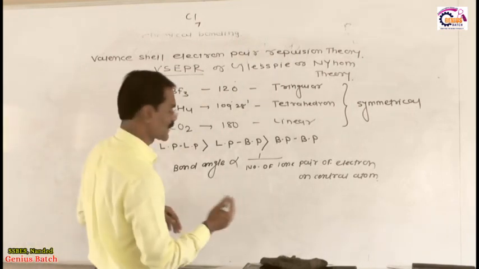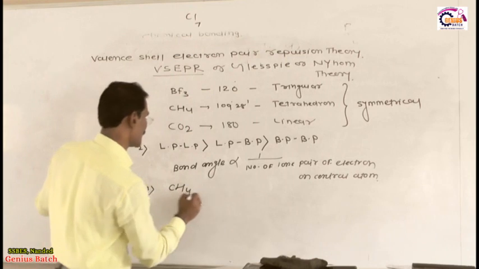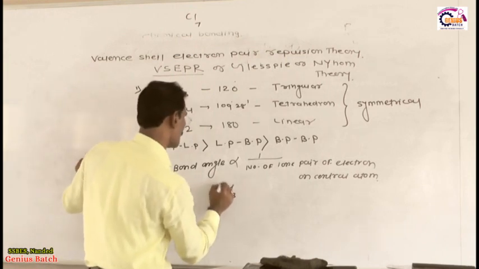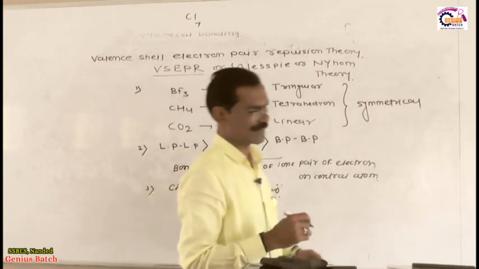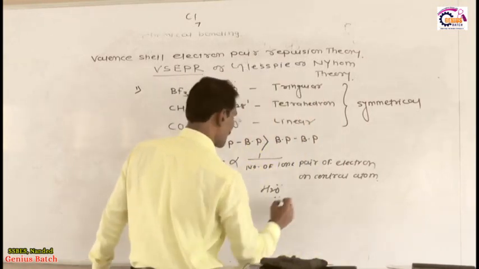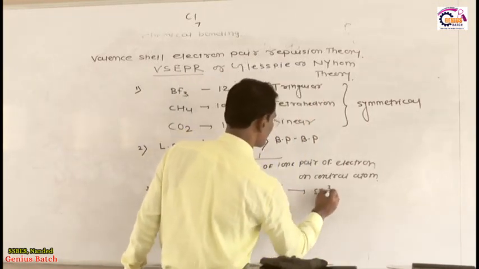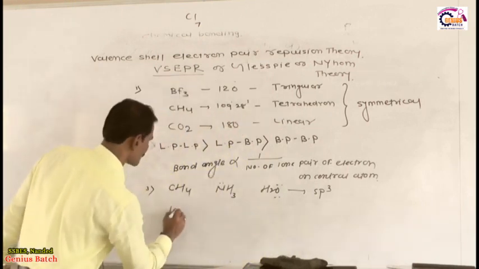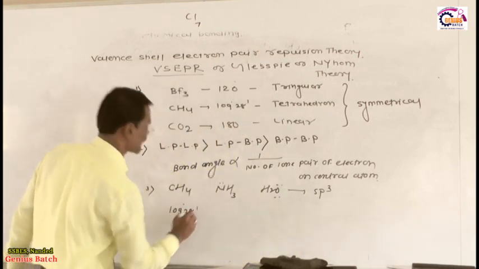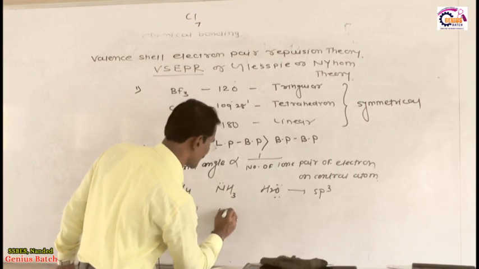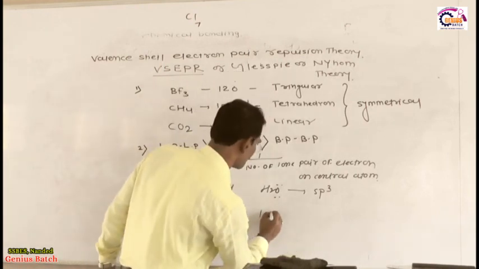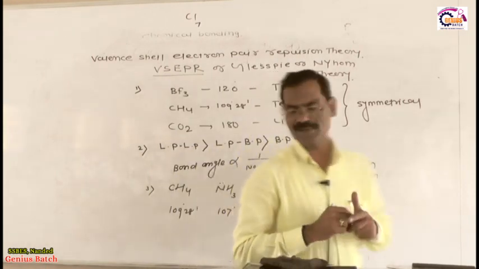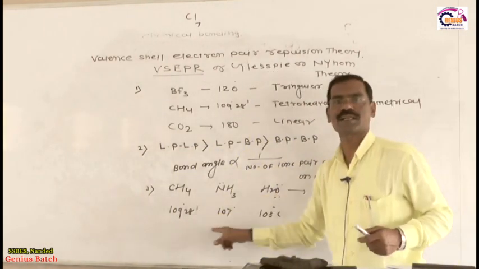For example, see here, we have a methane molecule, an ammonia molecule, and a water molecule. All these molecules have the same hybridization, sp3, but the bond angle of methane is 109 degrees 28 minutes, the bond angle of ammonia is 107 degrees, and the bond angle of water is 105 degrees. So why does the bond angle reduce?